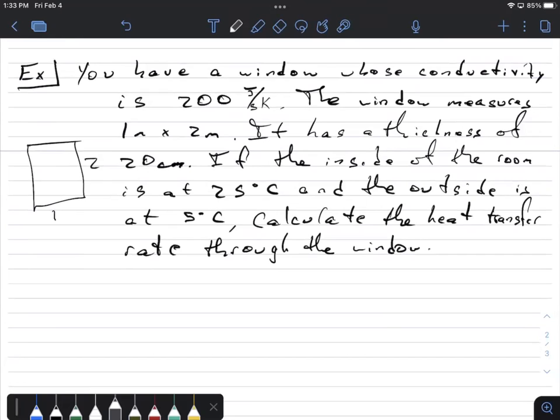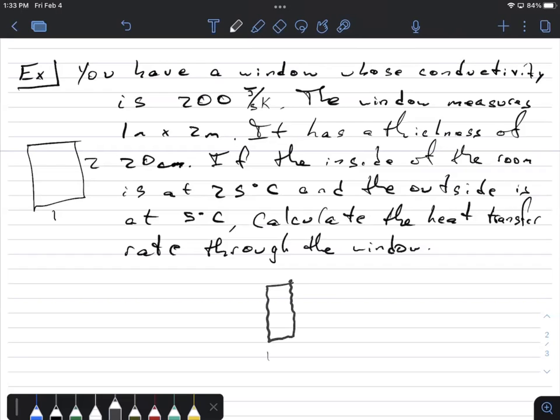So when I draw these pictures, and you're going to see why in later examples, it becomes more important. But instead of drawing the window front on, like I'm looking at the face of the window, I'm going to look at the edge of the window instead. So if I draw it, it's going to look like this. So there's the edge.